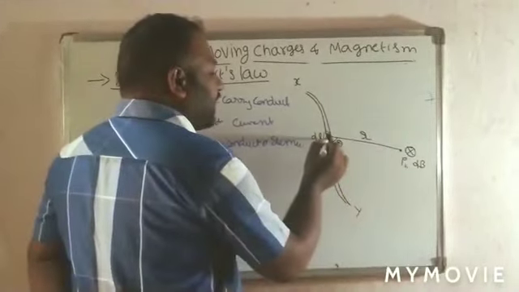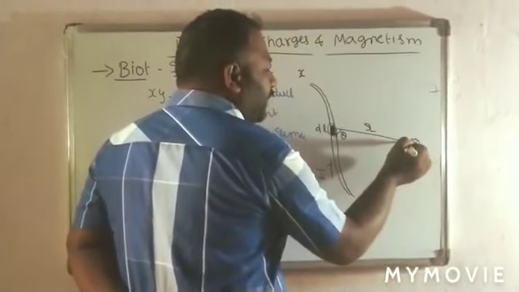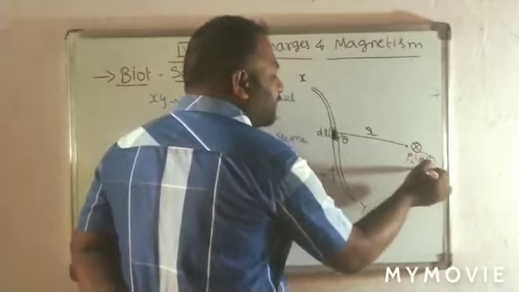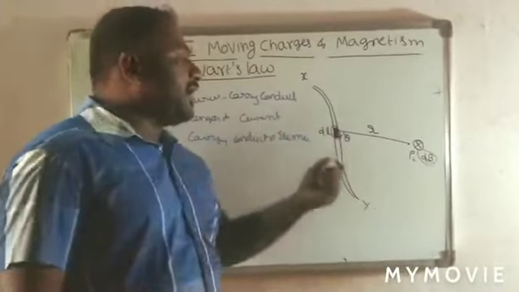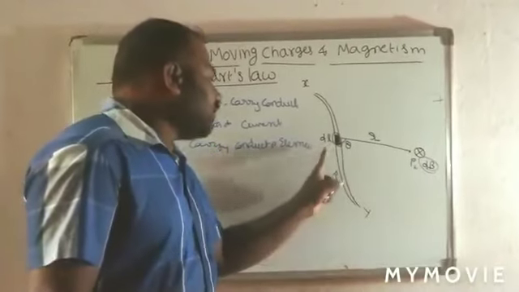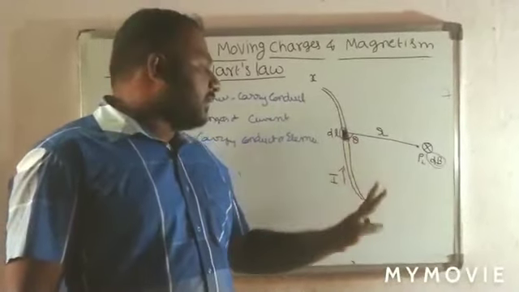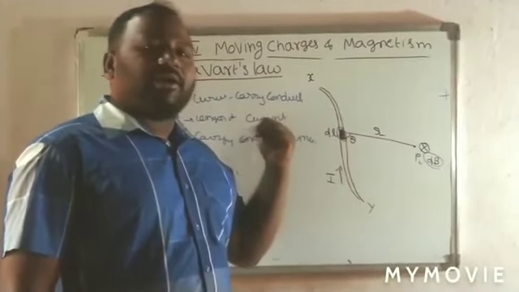Due to that current carrying conductor element, it produces a magnetic field at a point P, that is known as dB. dB is the small magnetic field due to the small length of the current carrying conductor. So from that, we are going to take the Biot-Savart's law.